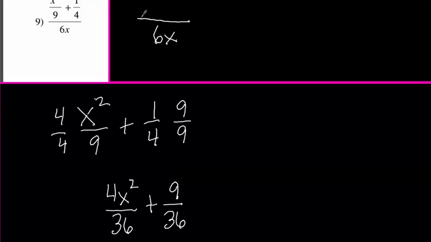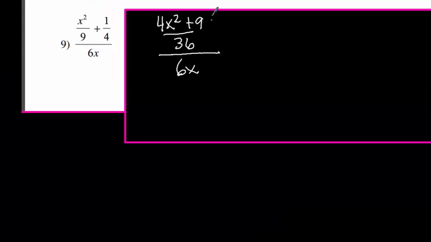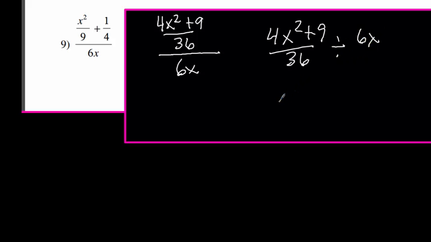So now I can put that back in. The top would be 4x squared plus 9. All right, so if I put that back in, the top is now simplified, so that gives me 4x squared plus 9 over 36, and that would then be divided by 6x, which we know I can flip.